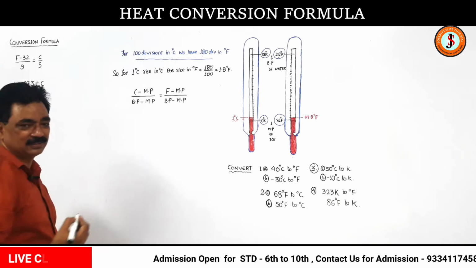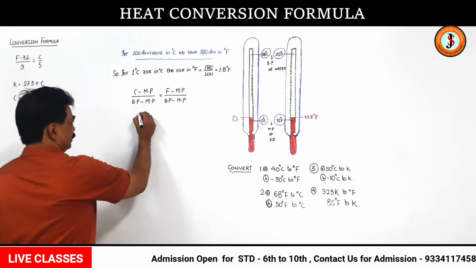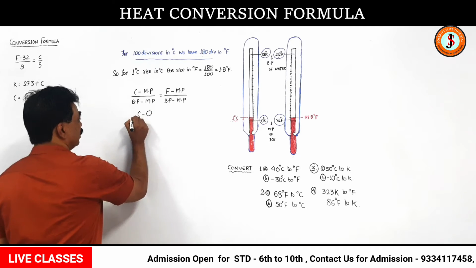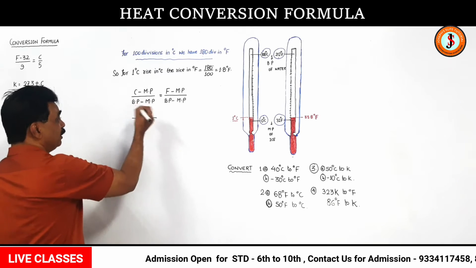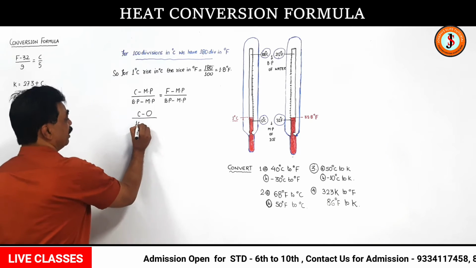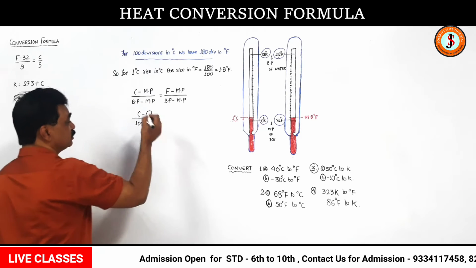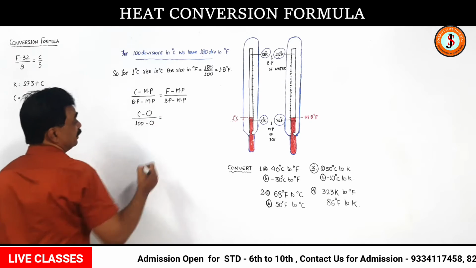Now you say, sir, what is this? Let me explain. In degree centigrade, C minus the melting point of ice, which is 0, can also be called upper limit 100 minus lower limit 0, or boiling point 100 minus melting point. That is in degree centigrade.